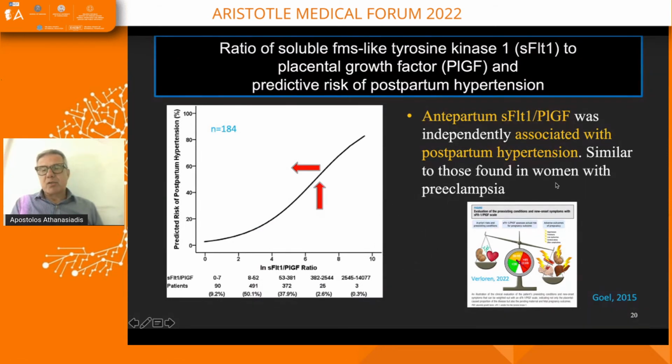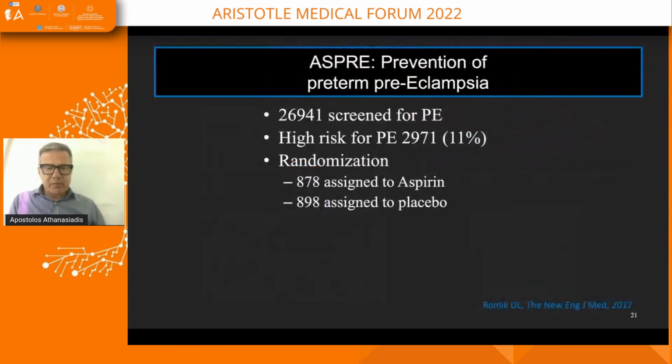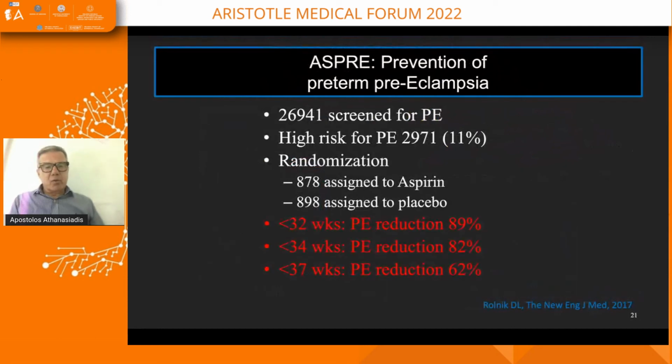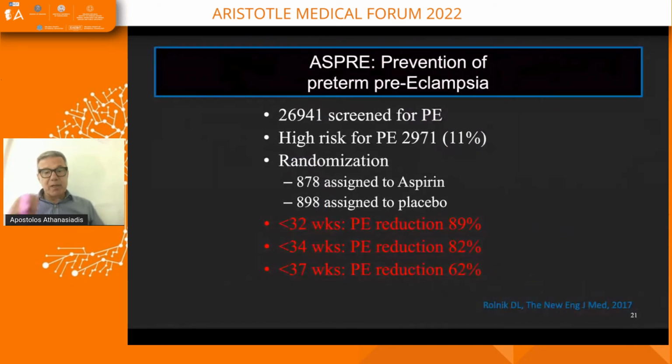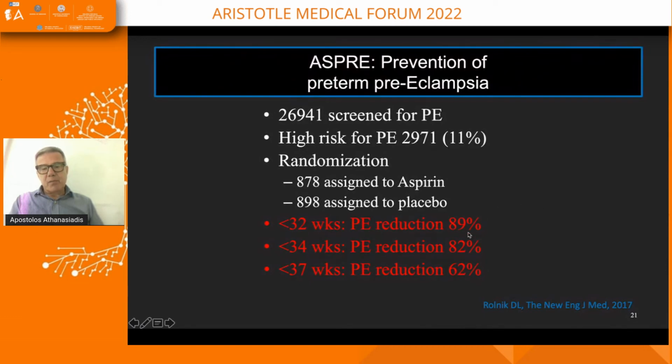So antepartum hypertension is also associated with postpartum hypertension, and this means that it's useful not only for hypertension during pregnancy, but also for the postpartum one. This is the ASPRE study that changed everything after 2017. When we administer aspirin to these women with increased probability of hypertension, we have a decreased risk of preterm preeclampsia of 89%, and for all pregnancies, 62%. So it's something like a 70% reduction.